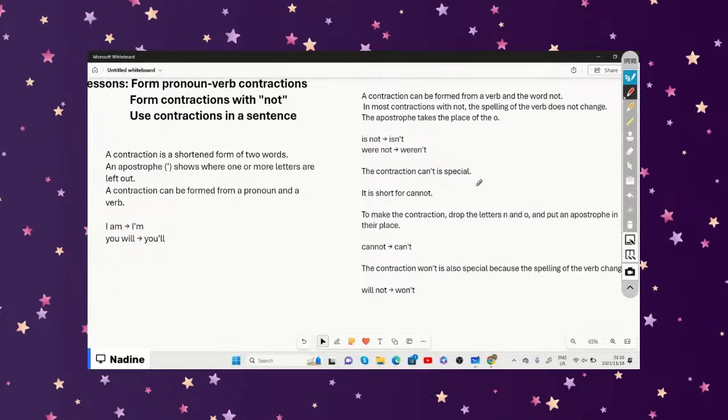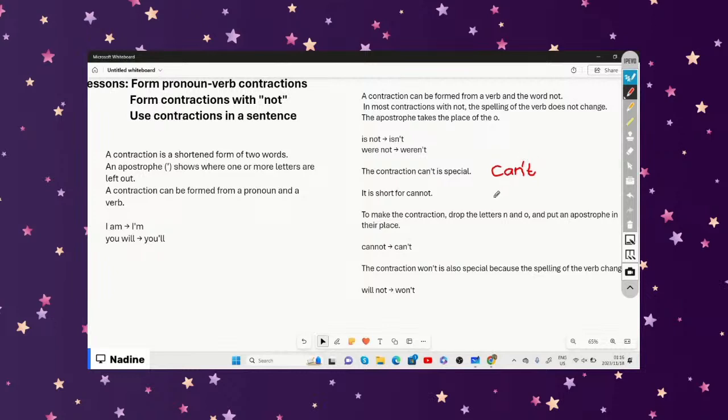And if we look at the contraction can't, right? This contraction can't is very special because it is not like it's saying can and not, because here two of the letters are left out, especially when it comes to not. So it's the N and the O that are left out.